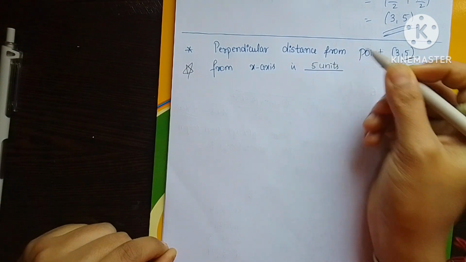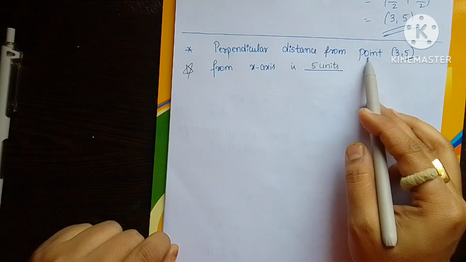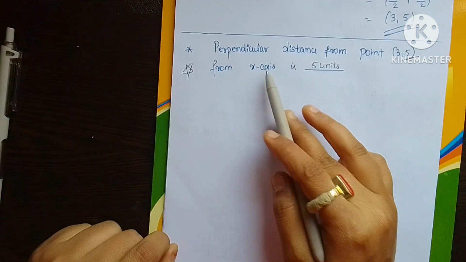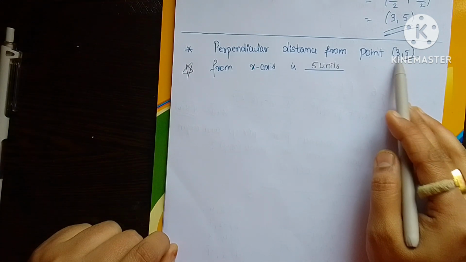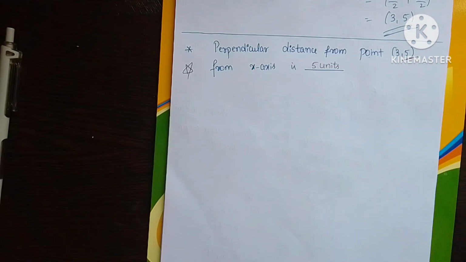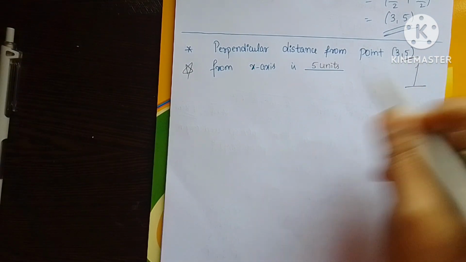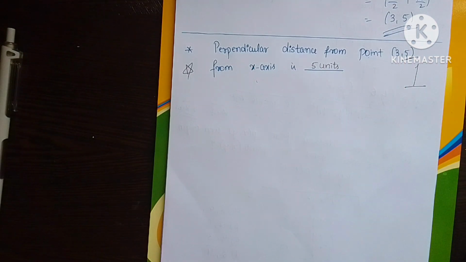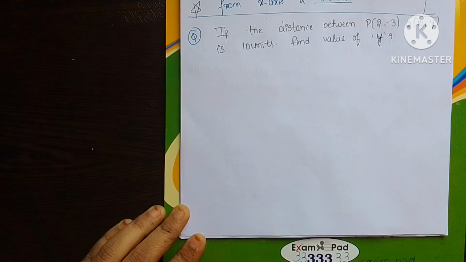Suppose they ask the perpendicular distance from the point (3, 5) from the y axis. From the y axis means you have to take the x coordinate. So here it is reversed. From the x axis you take the y coordinate, from the y axis you take the x coordinate.